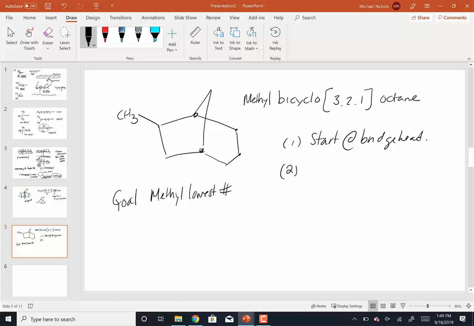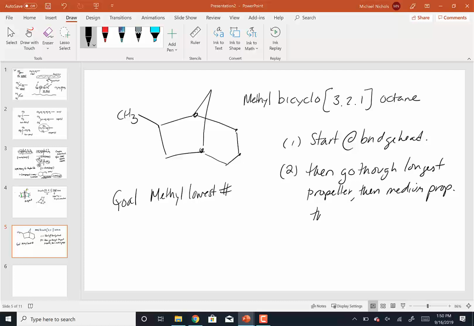Rule number 2 is start at the bridgehead, then go through the longest propeller, then the medium-sized propeller, then the shortest propeller.